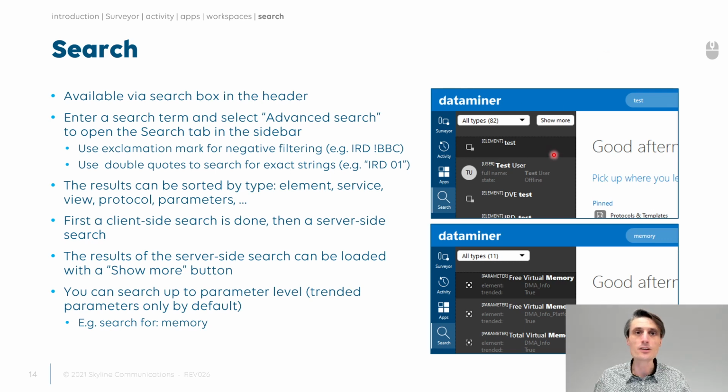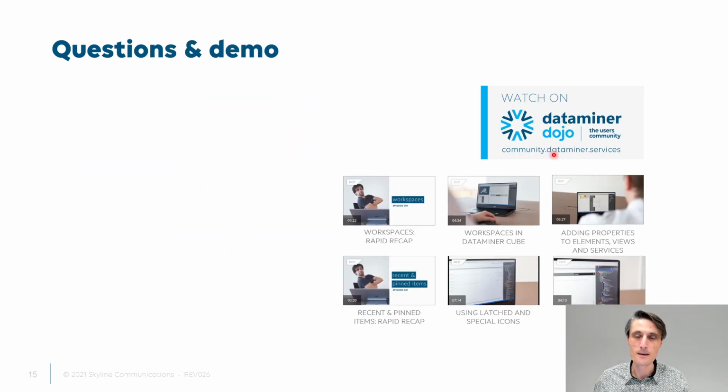Okay, so that's the advanced search that might also help you out when searching something more specific in your DataMiner system there. So that was pretty much the DataMiner Cube sidebar. The sidebar is really about navigation in the first instance, you could say. So it helps you out with that tree structure to easily find your way.